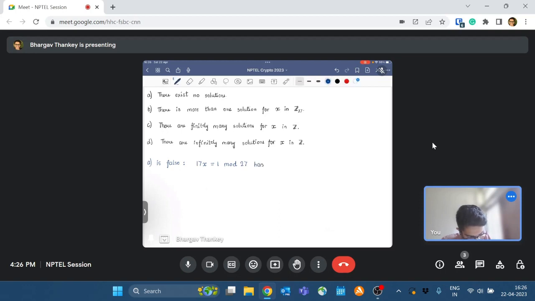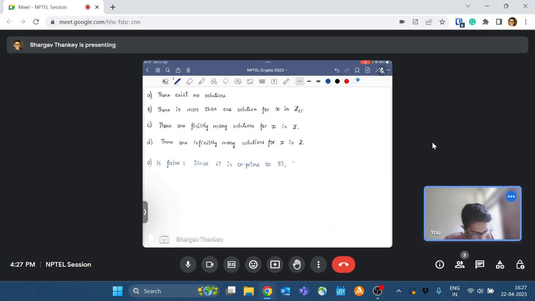Since 17 is co-prime to 27, the inverse of 17 mod 27 exists.